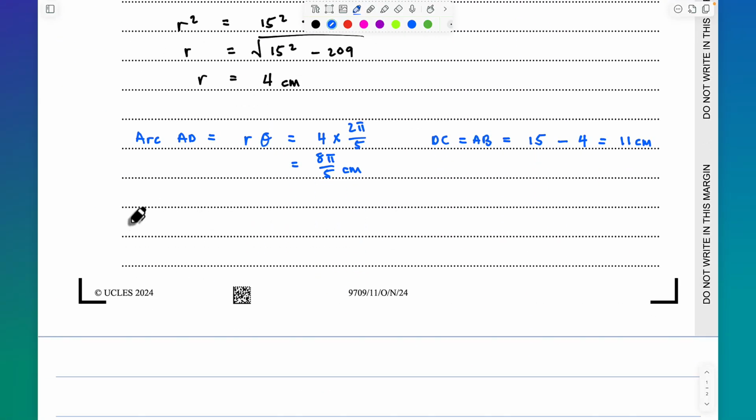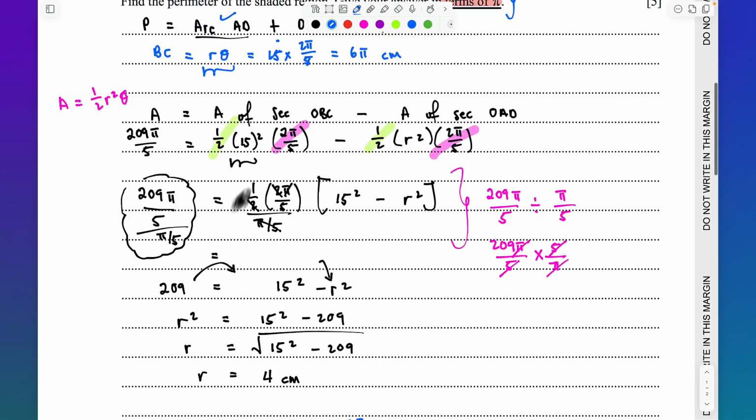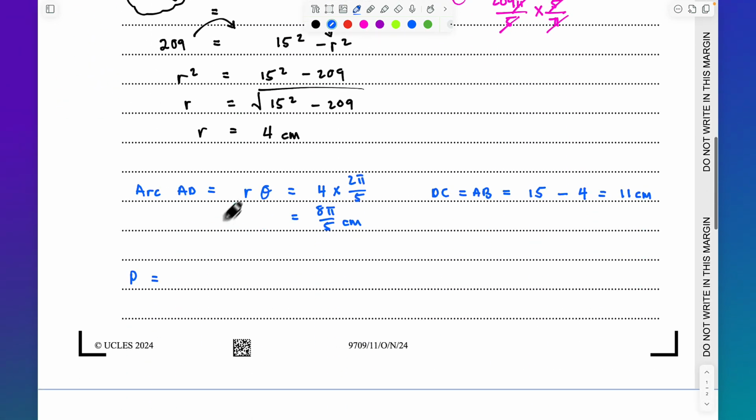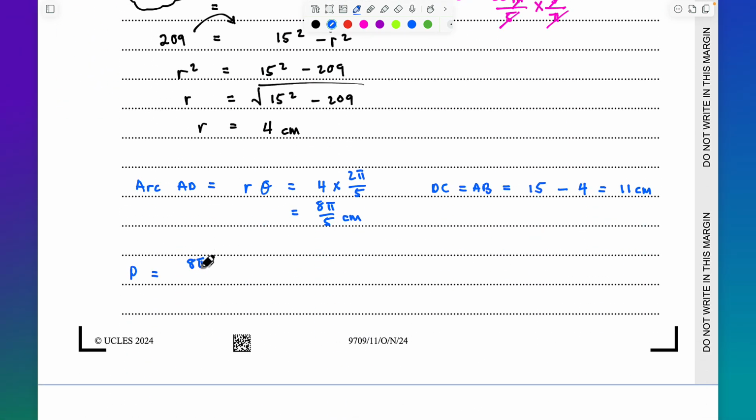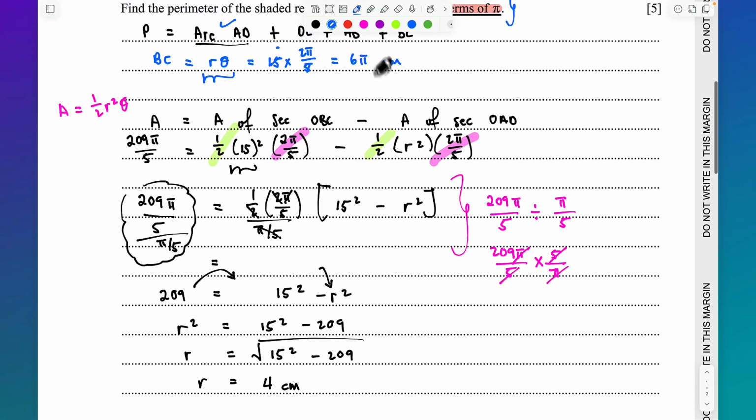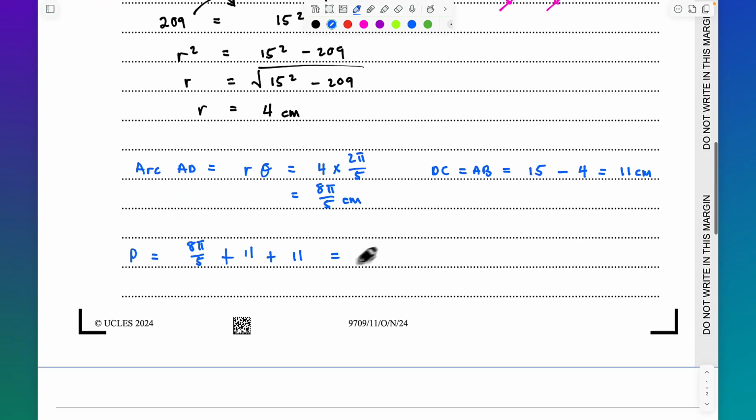Perfect. Now, that means we can find the perimeter. You can now plug in, right? So all we need is the arc length of AD, which we know is 8 pi over 5, plus AB, which is 11, plus DC, which is also 11, plus the arc length BC, which is 6 pi.